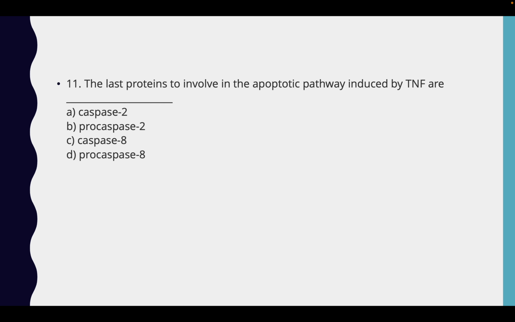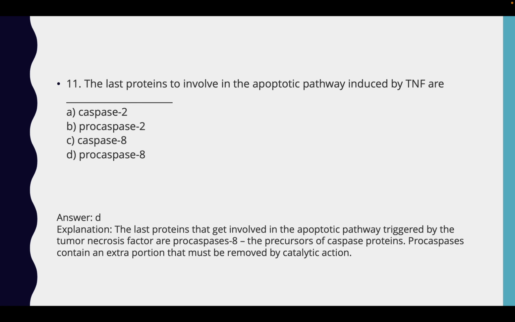Remember? It is procaspase 8. The last proteins that get involved in the apoptotic pathway triggered by the tumor necrosis factor are procaspase 8, which are precursors of caspase proteins.